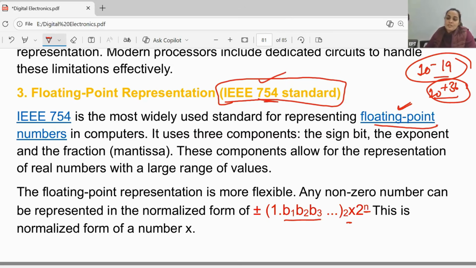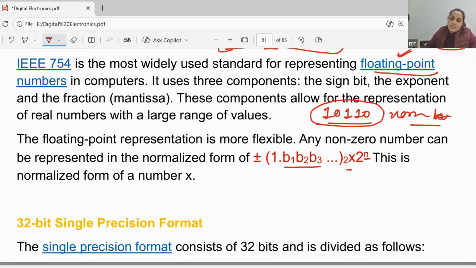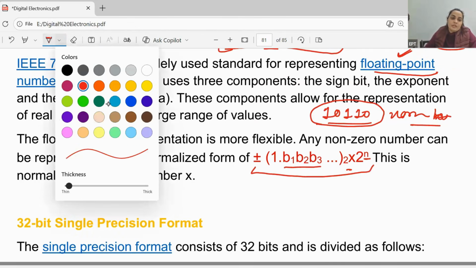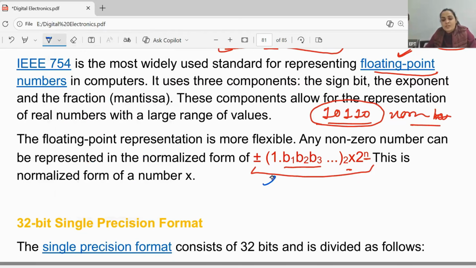So let's discuss. First of all, suppose this is a number. You will represent the given number in its normalized binary form. For the sign you use plus or minus, then 1 dot, followed by the binary values, into 2 raised to power n.